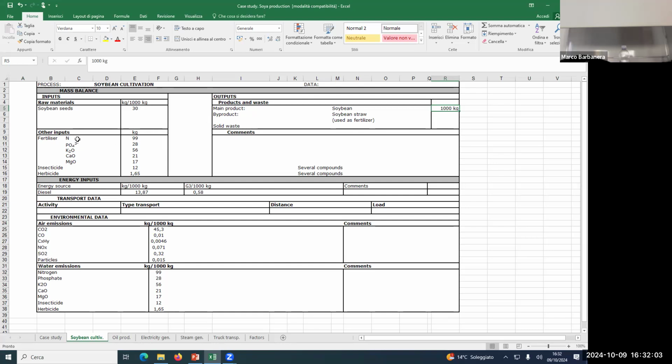So you have to define other inputs, the fertilizer consumption for the production of 1,000 kilograms of soybean. So you have the list of fertilizers. You have the amount of the other chemical substances, herbicides, insecticides, and so on.